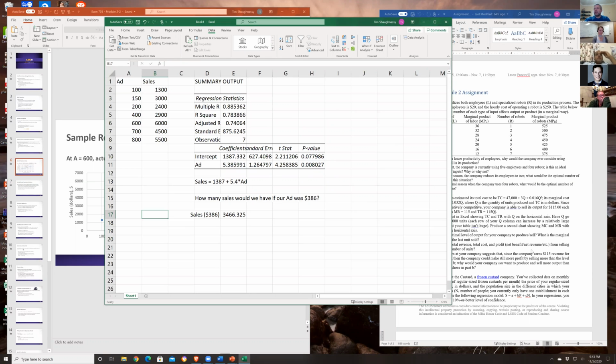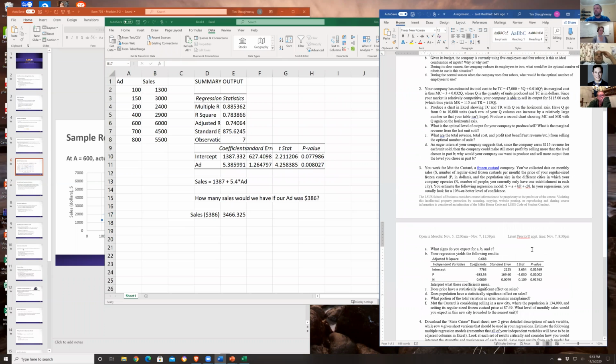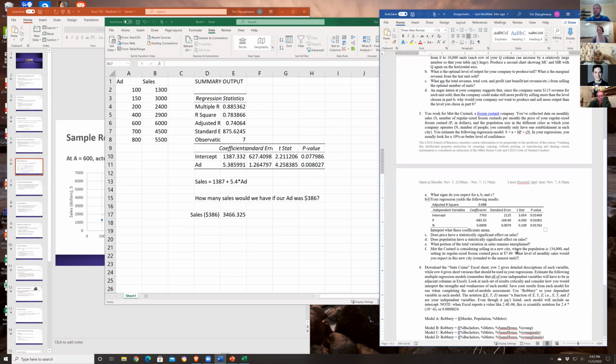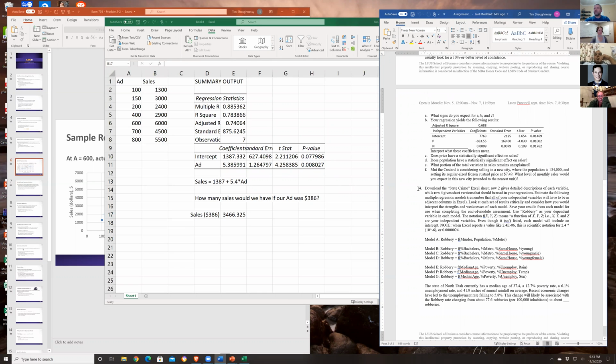8.2095 to the negative 10, that is a quite small number. I think it's right here in question 4 that you might get some coefficients that are really small or standard errors that are really small.